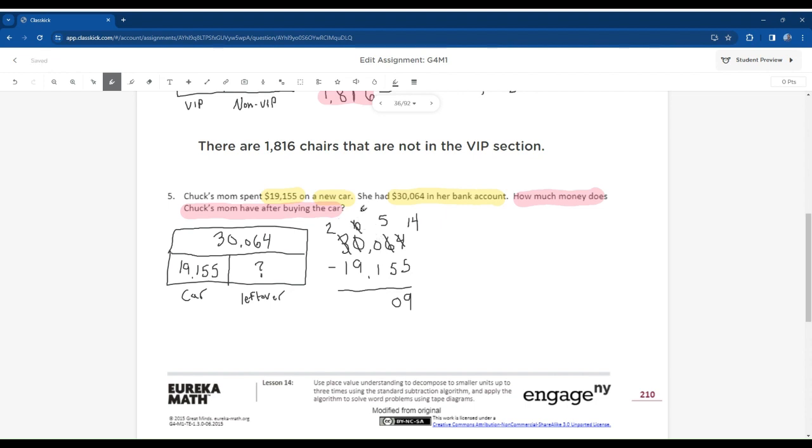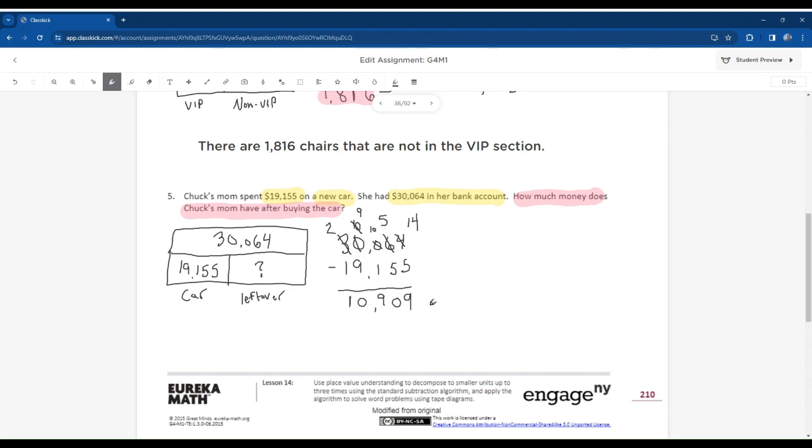So instead of having 10 thousands, I'll now have 9, and I'm going to regroup that 1,000 that I took away for 10 hundreds. 10 minus 1 is 9. 9 minus 9 is 0. And 2 minus 1 is 1. So she should still have $10,909 in her bank account.